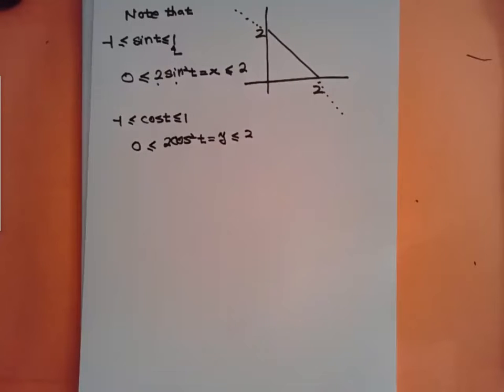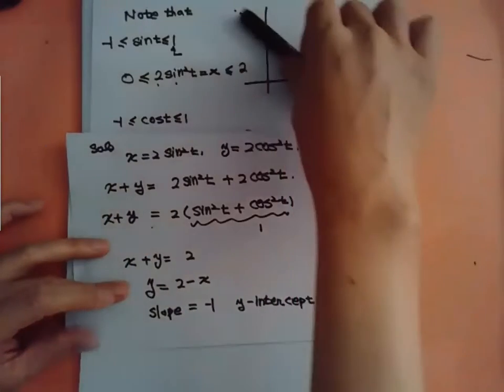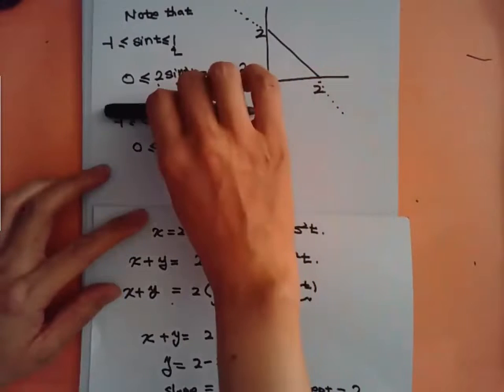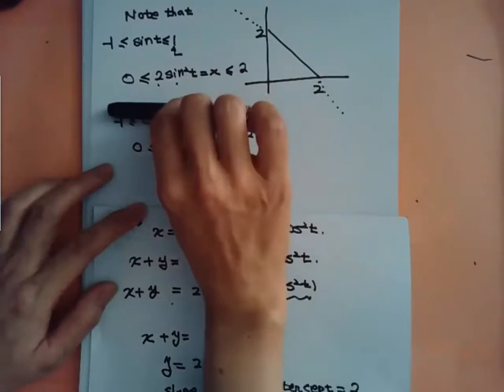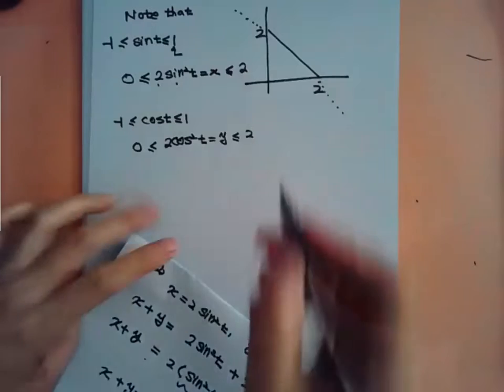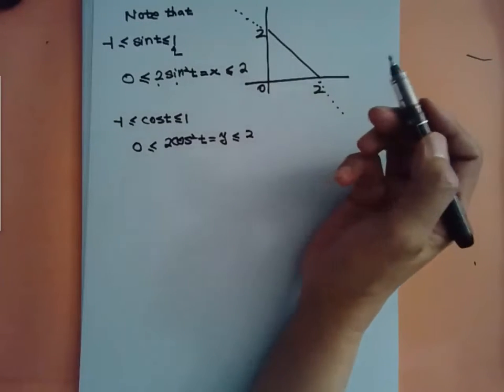So what I was trying to say is the graph of this straight line is extended forever. But when we limit ourselves to x range between 0 to 2 and y range from 0 to 2, we get only this line segment.